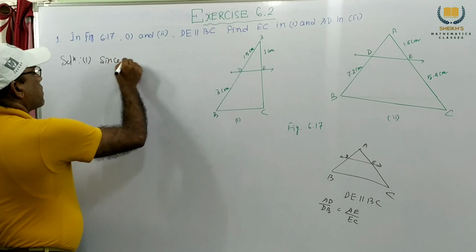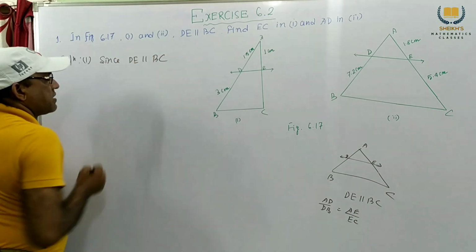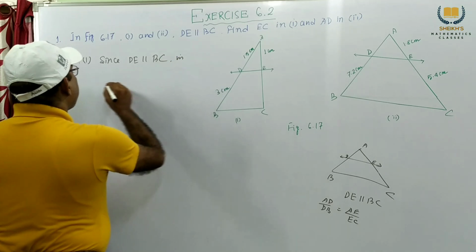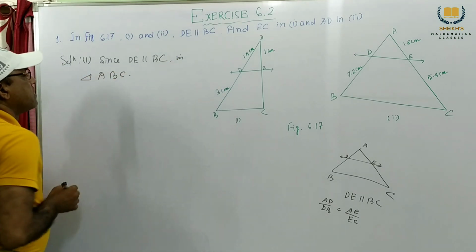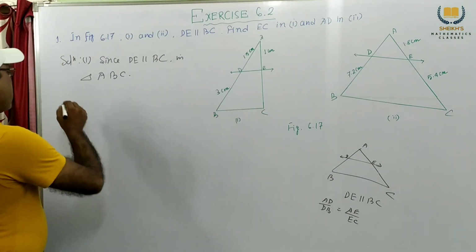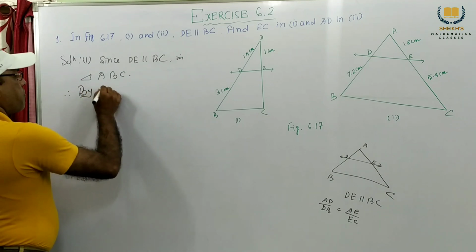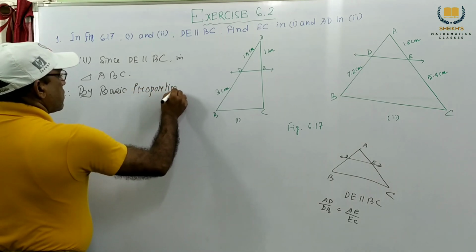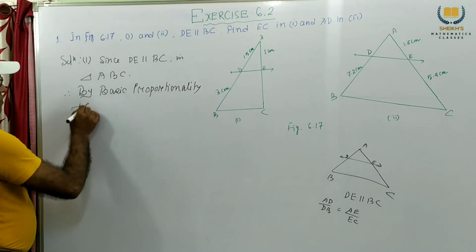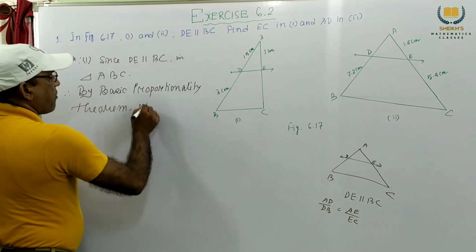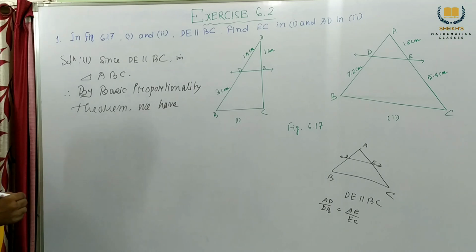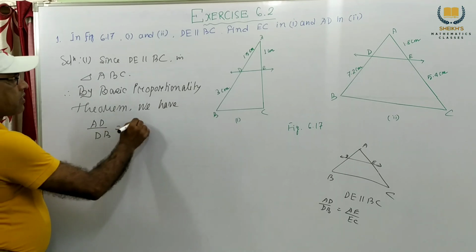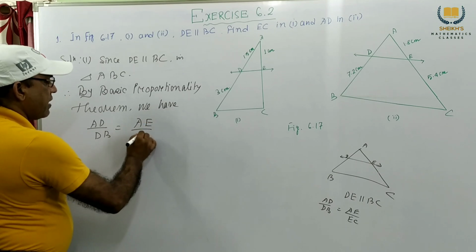Since DE is parallel to BC in triangle ABC, therefore by the basic proportionality theorem we have AD by DB equal to AE by EC.